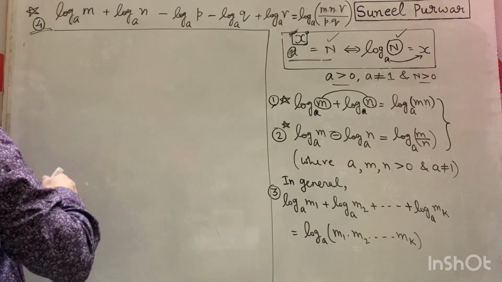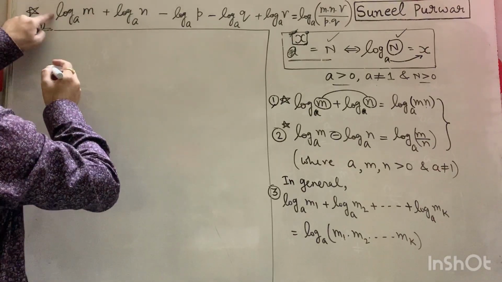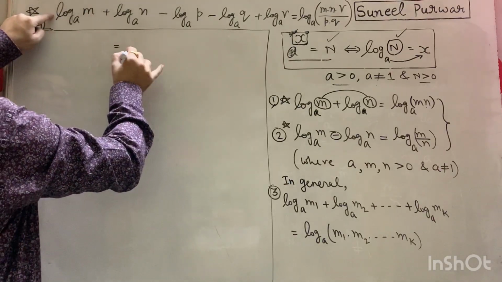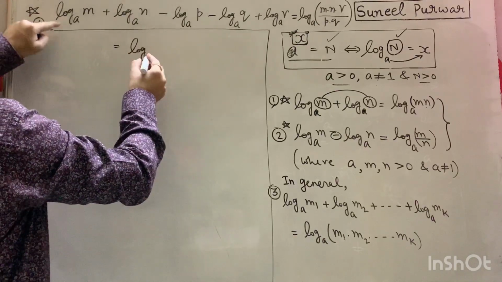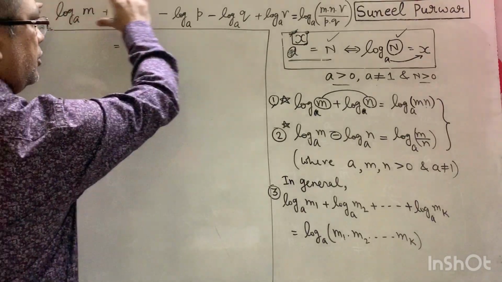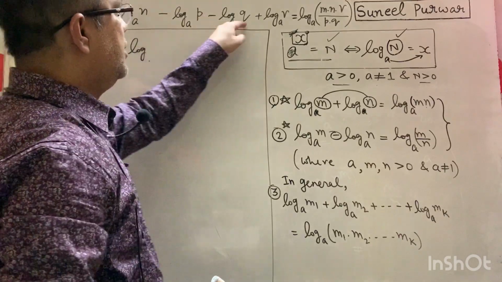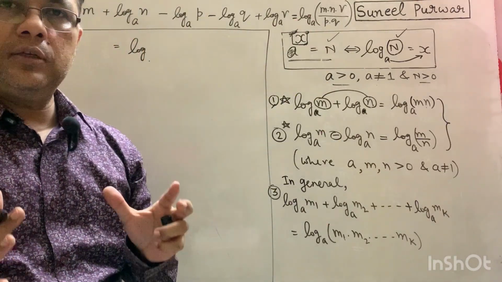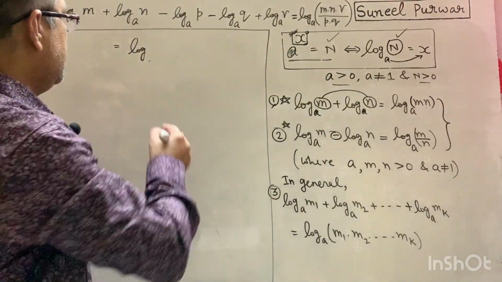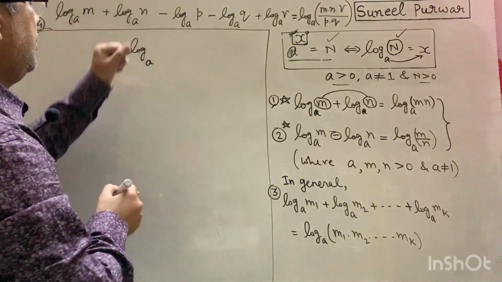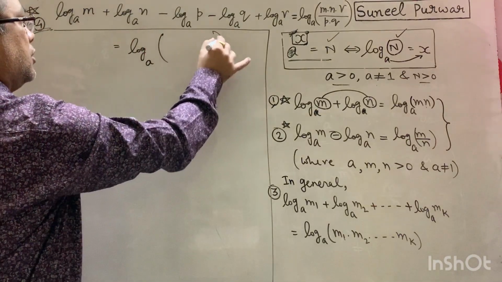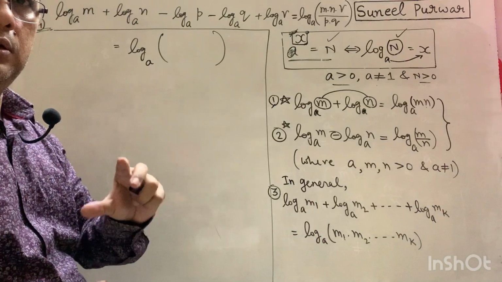So you see this logarithm is preceded by a minus sign, so you write it as log of, and you write this whole simplification, all the logarithms are at the same base, so their simplification will also be a logarithm at the same base, say a. Now that will be the logarithm of which number? That's the main thing to write.